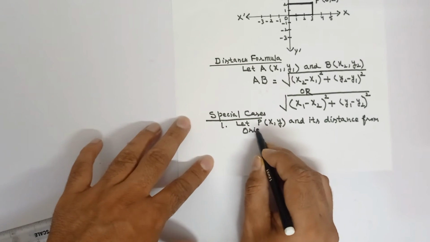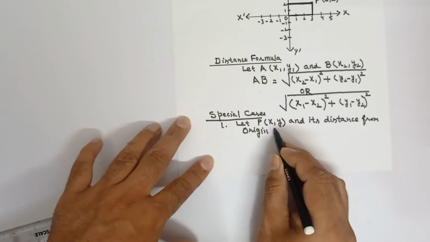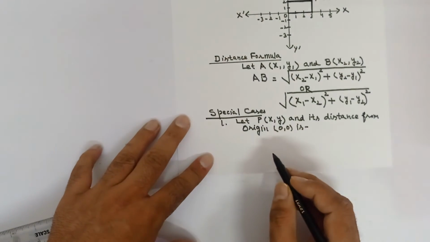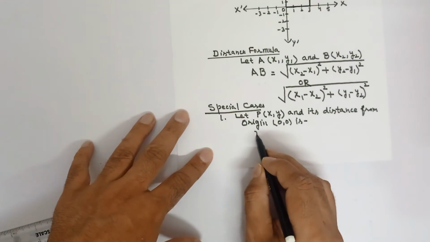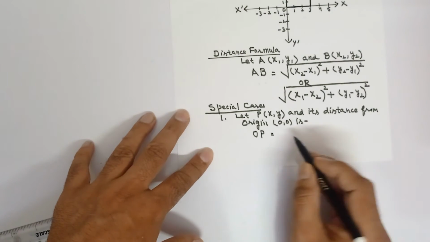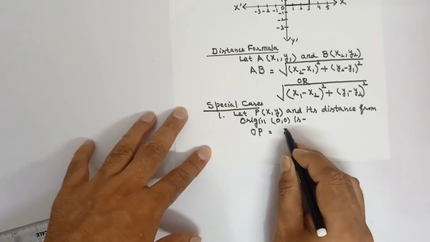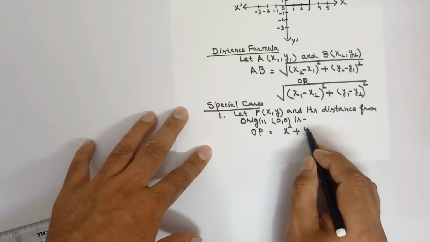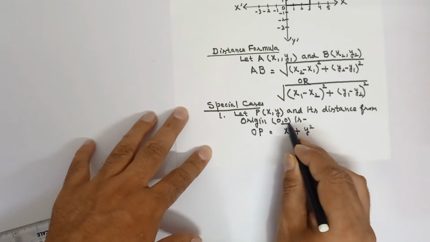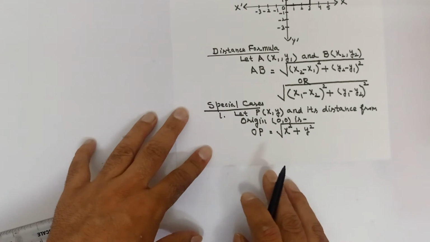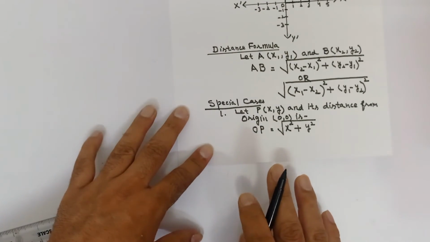You know the coordinates of the origin are 0, 0. So what will this distance be? You will denote it by OP. (x minus 0) whole square becomes x square, plus (y minus 0) whole square becomes y square, and this is under root. So this formula can also be applied directly.